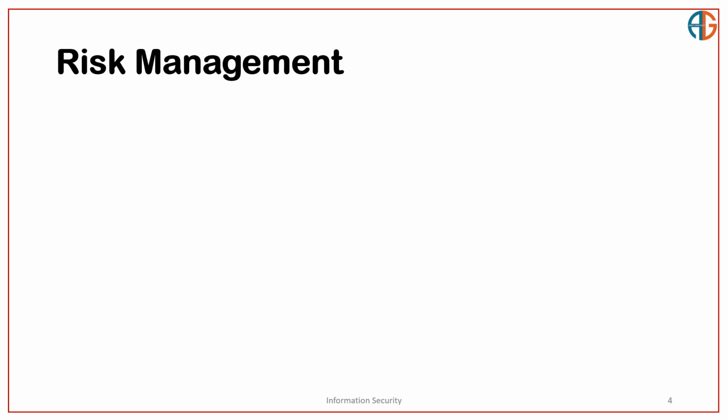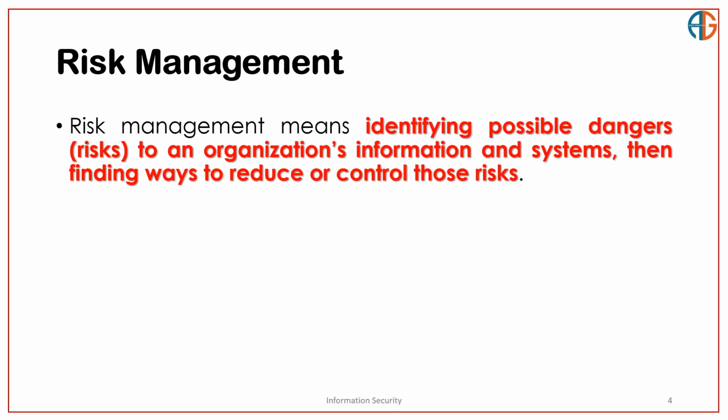Risk management means identifying possible dangers to an organization's information and systems: what assets it has, and what devices it is using for transferring or creating the information. Then we find through which ways the dangerous things can attack the assets of information, and reduce or control that risk. That is said to be risk management.